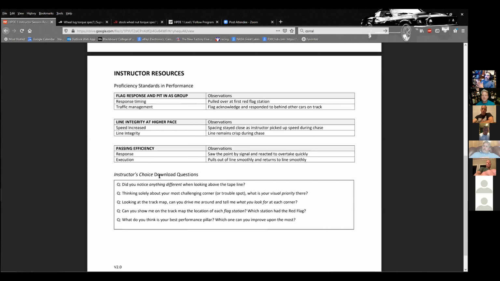So there's kind of two answers there. There's a generic one, because you could get a red flag thrown anytime, right? Things happen, or a black flag anytime. You're going to be in your little group. So if a black flag gets thrown, you're going to lead your drivers in. The corner workers are not really going to black flag one of your drivers specifically.